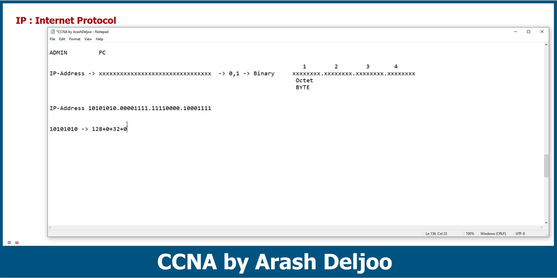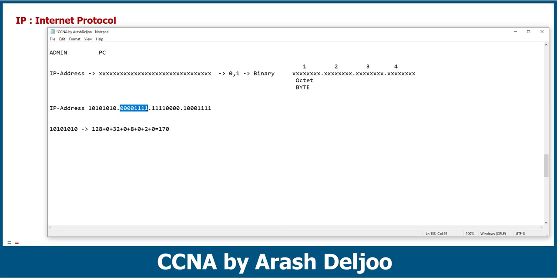Then 0, then 16, then 0. Then 128, 0, 32. After that 0, this is 1, which means 8, and after that 0, then 2, then 0. That's it, this is the decimal equivalent. 128 plus 32 is equal to 160, plus 8, 168, plus 2, 170. This is the first octet.